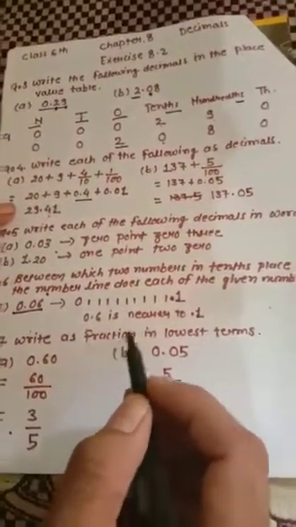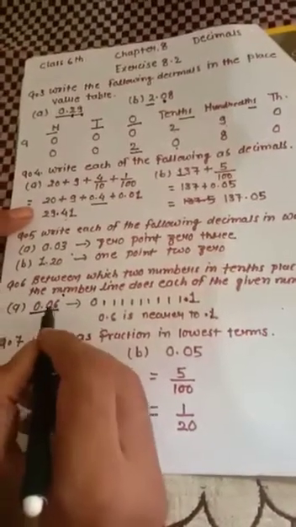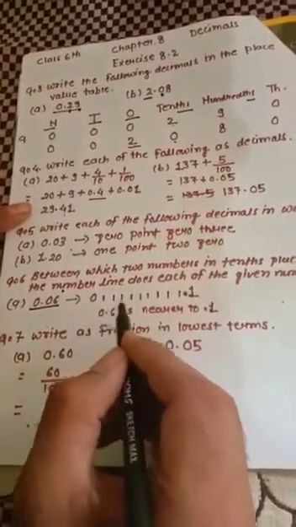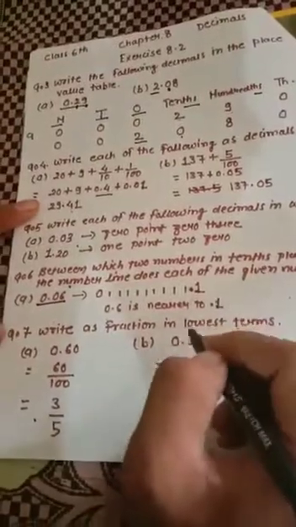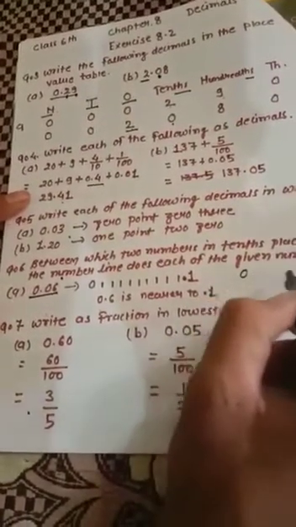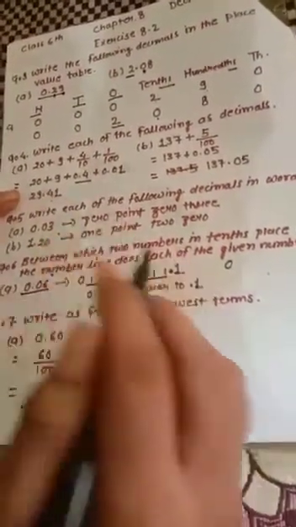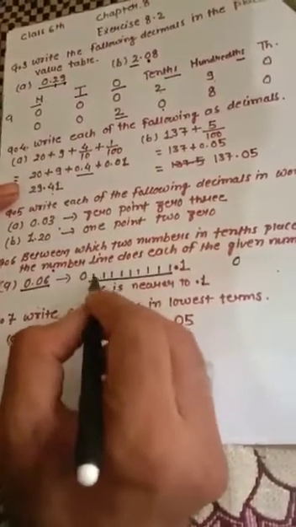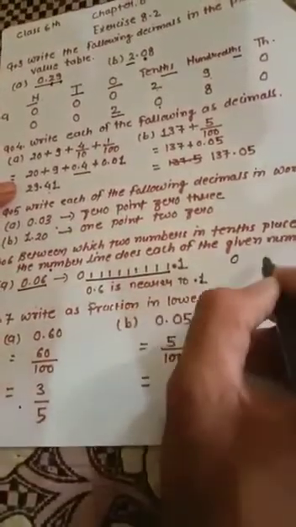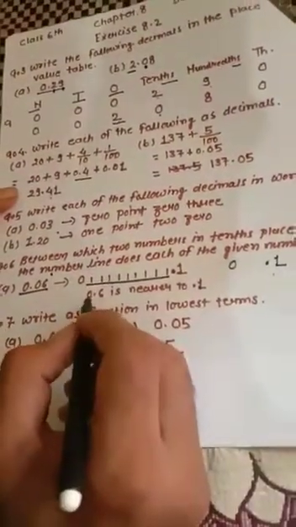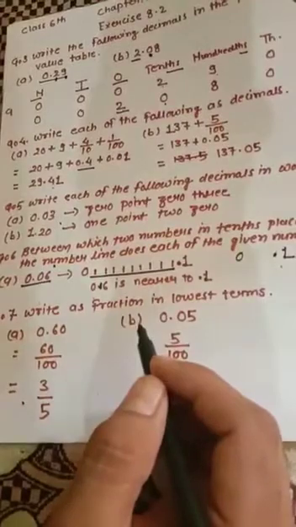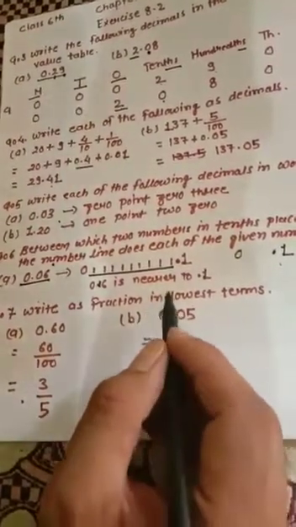As we know, 0.06 is smaller than 0.1, so we'll take the tenth equal parts from 0 up to 0.1. That means the 10 equal parts in between 0 and 0.1. So 0.06 will lie in between 0.0 and 0.1.